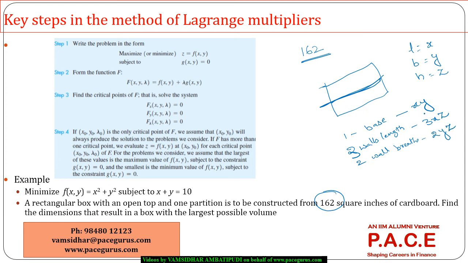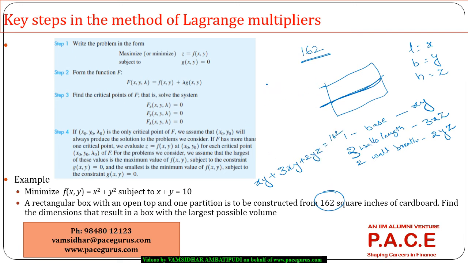So this is the total area, which is 162, right? So I require xy plus, because it's an open top, I don't need 2 times xy material. xy plus 3xz plus 2yz, I have it as 162.